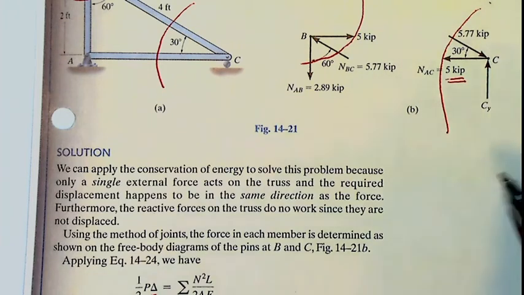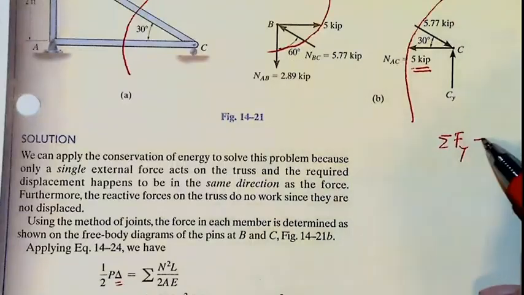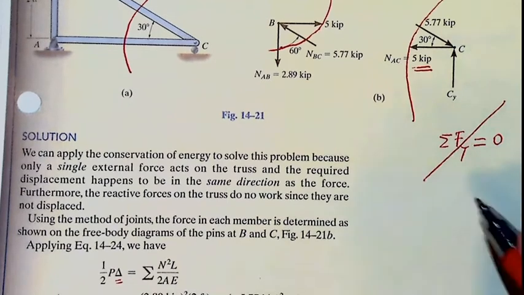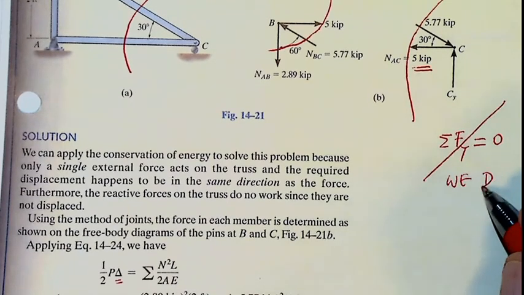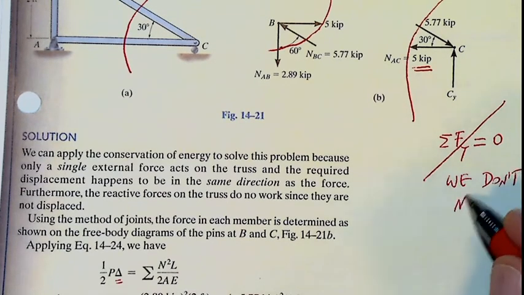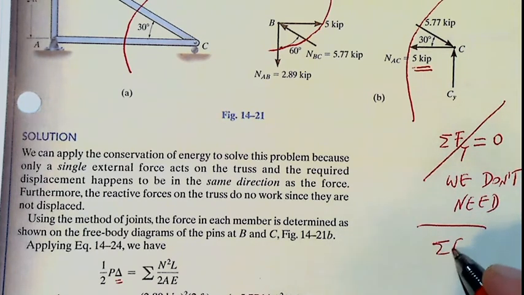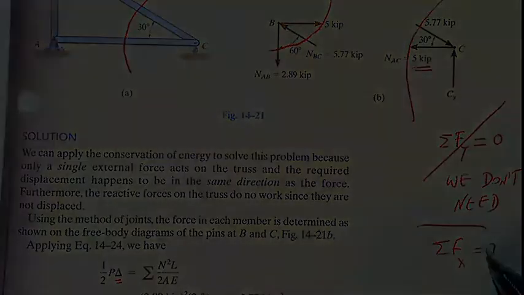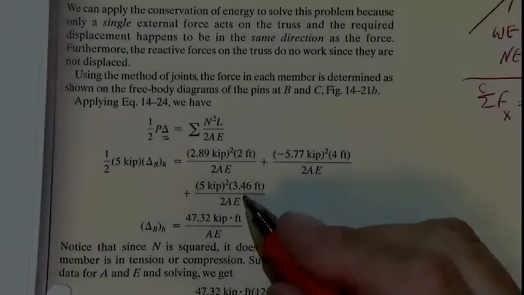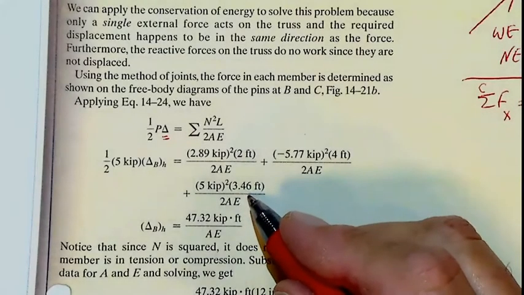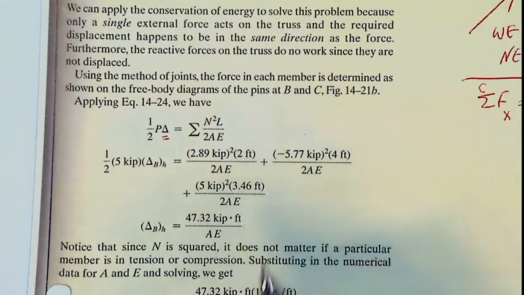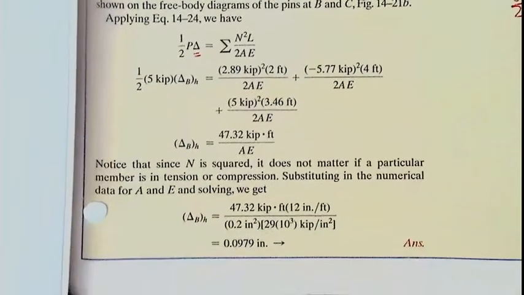Okay? Sum of the forces in y direction equals 0, we don't need. Only sum of the forces in x direction equals 0. Equals 3.46 feet, 2AE.